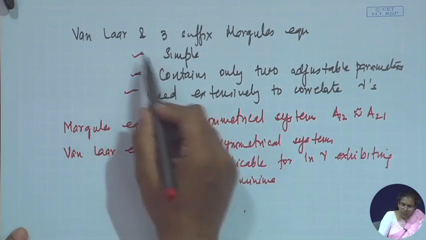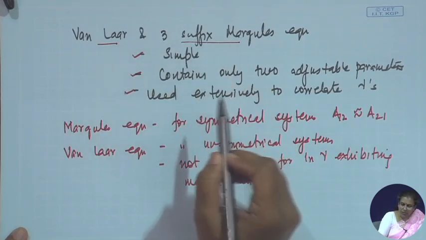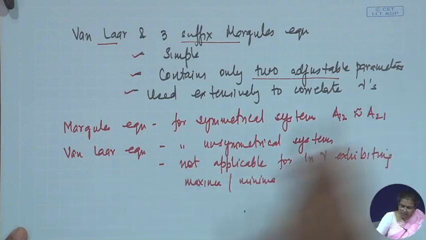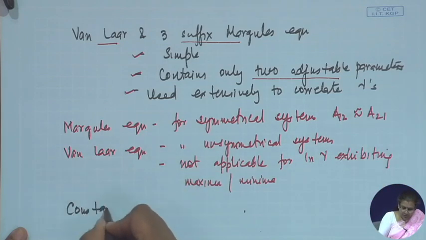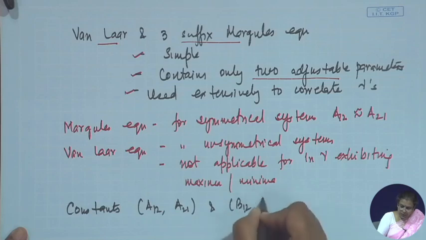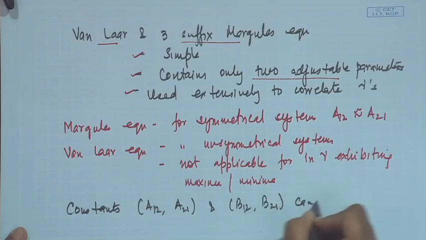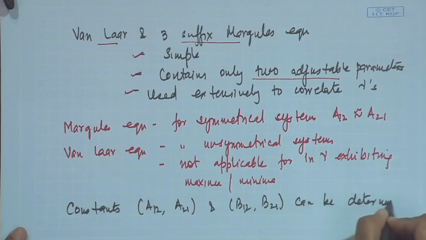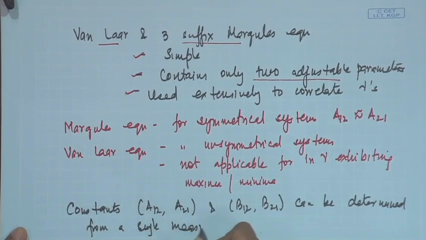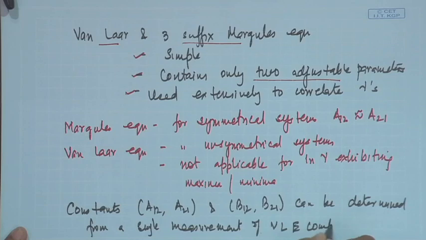And since both of these equations, the Van Laar and the 3 suffix Margules, contain only 2 adjustable parameters, the constants, which are nothing but A12 and A21 in one case, or B12 and B21 in the other case, can be determined from a single measurement of VLE composition plus P1 saturated, P2 saturated data.